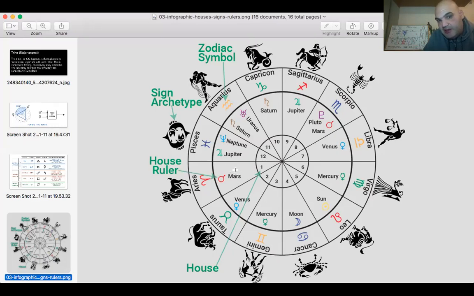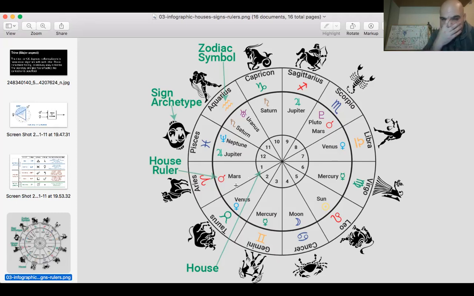If you had a planet in Aries and then a planet in Cancer, that creates a right angle because they're 90 degrees away from each other. So that would be a square. If you had three planets in Capricorn, Taurus, and Virgo, that would create a triangle, which would be a trine, which is a harmonious angle.